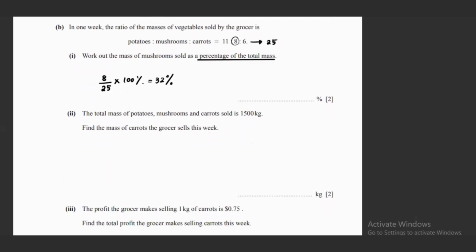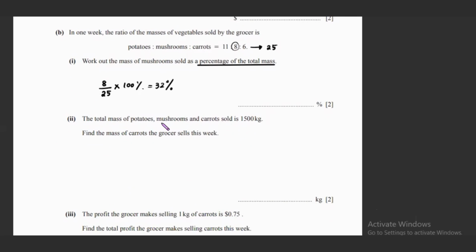Let's move on to the second part of it. The total mass of potatoes, mushrooms, and carrots sold is 1,500 kilograms. Find the mass of carrots the grocer sells this week. So this is the ratio of the amounts the grocer sells this particular week. We have 25 parts in total. When it comes to carrots, he sells 6 portions out of 25.